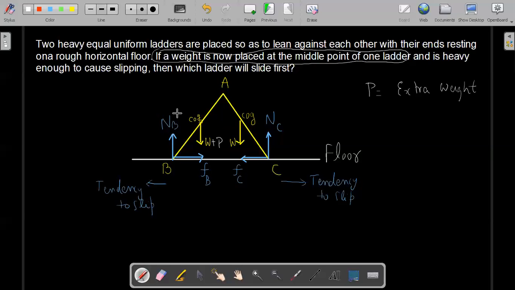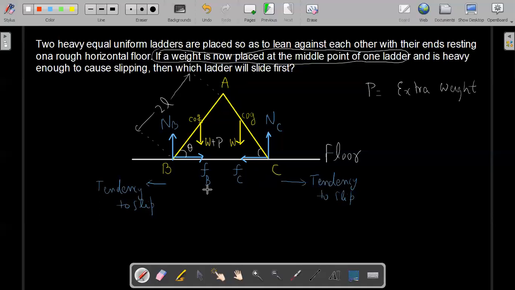Let us assume that the length of each ladder is 2L, and that the angle which the ladders form with the floor is theta, the same on both sides.